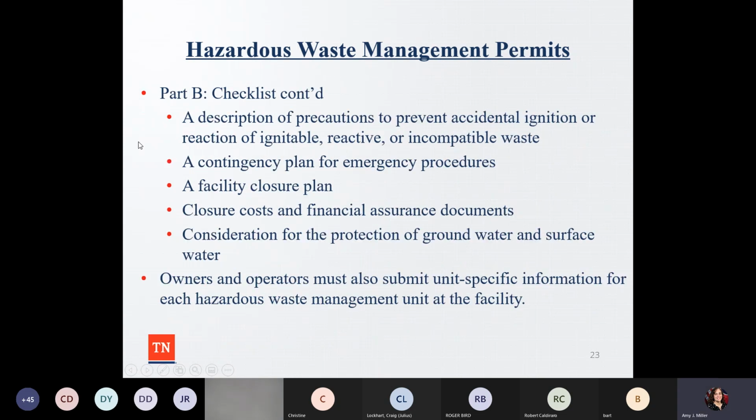So again, there's an additional part of the checklist to make sure that you're not going to have accidental ignition or reaction of ignitable, reactive, or incompatible waste, a contingency plan for emergency operations, a facility closure plan if something were to happen. How's that going to close? What's that going to look like? Closure costs and financial assurance documents, and then consideration for protection of groundwater and surface water. And then the owners and operators have to submit unit-specific information for each hazardous waste unit in the facility.